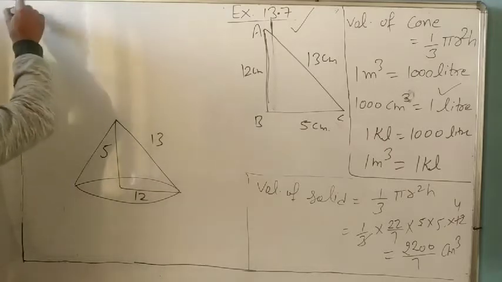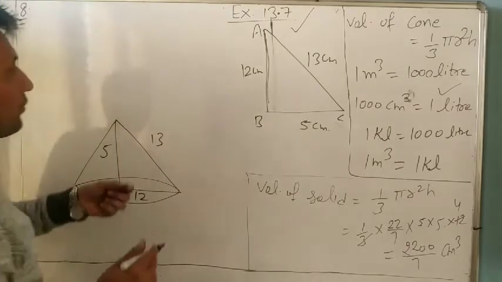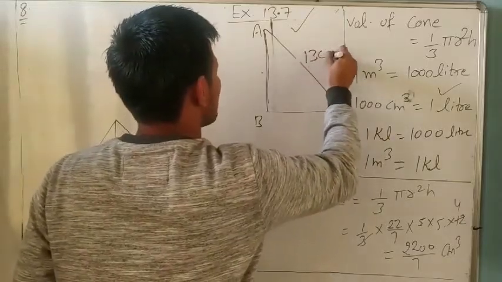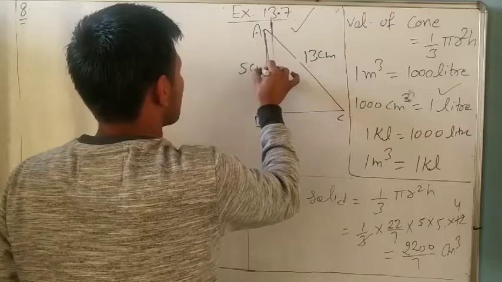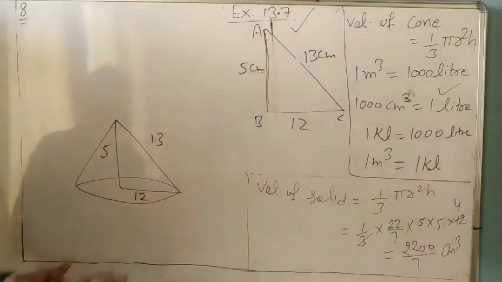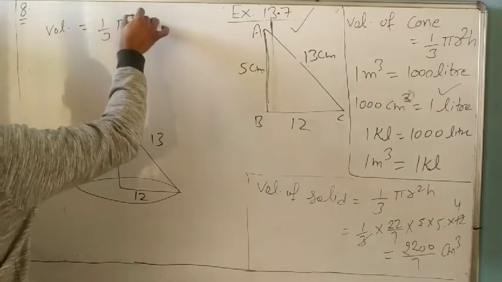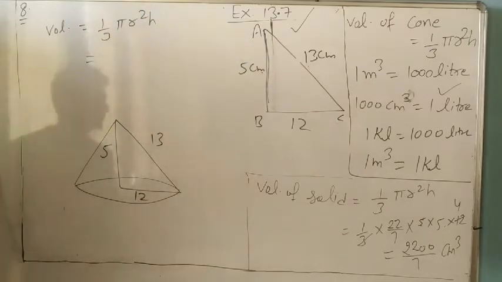Question number 8. Now we will revolve around 5 centimeter, it is 12, it is 13. So it becomes a cone. So volume, what is it? Volume is 1 by 3 pi r square h. Understand it?